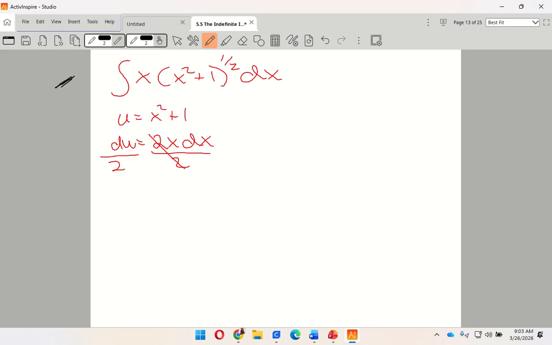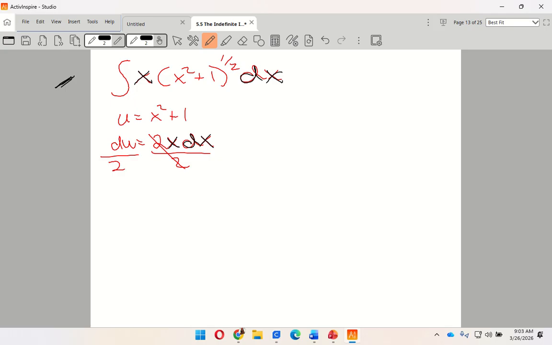That's why this is a puzzle. My 1/2 du is equal to x dx.